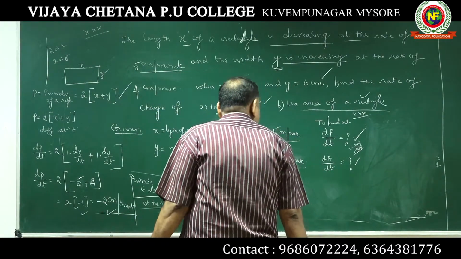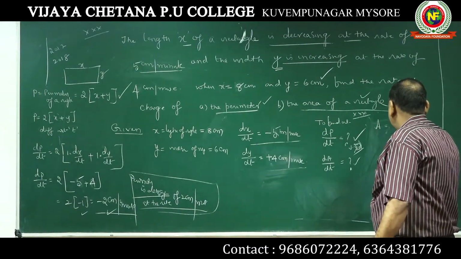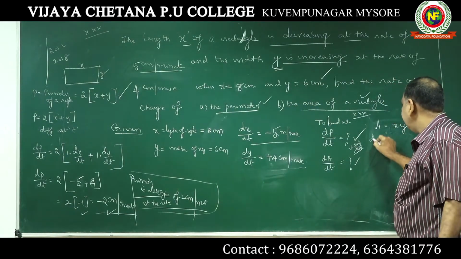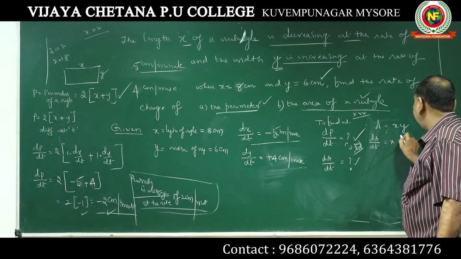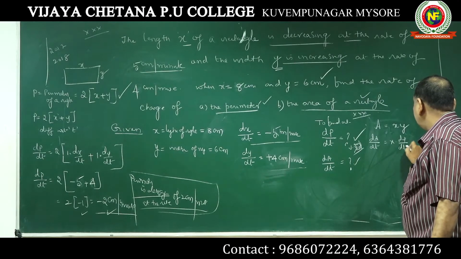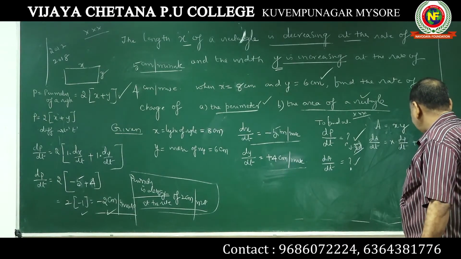Now come to A, the area. Area is xy, so dA by dt is equal to x into dy by dt plus y into dx by dt. I told you, it's a product rule.